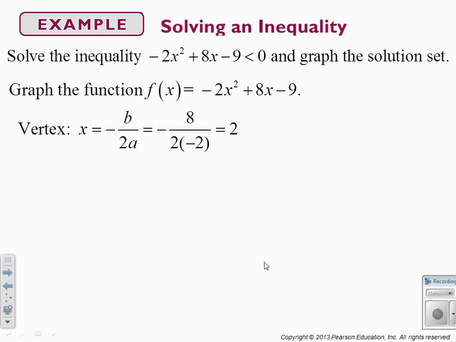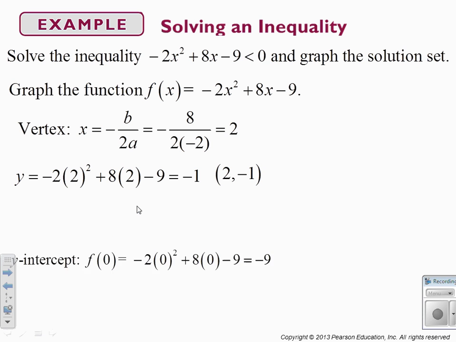The vertex, if B is 8 and A is -2, and we plug that in, we get -8 over 2 times -2, negative and negative, positive. 8 divided by 4 is 2. We plug that in up here to get the y-coordinate of our vertex, and we get 2 squared is 4, times -2 is -8, plus 8 times 2, which is 16. -8 plus 16 is 8, and 8 minus 9 is -1. So our vertex is at 2, -1.